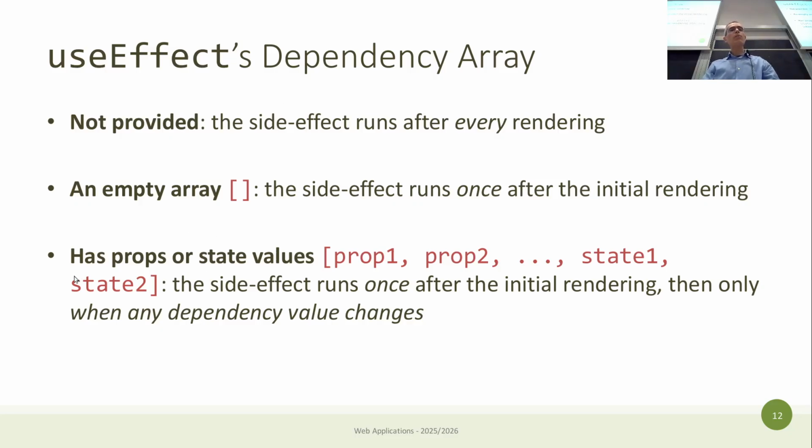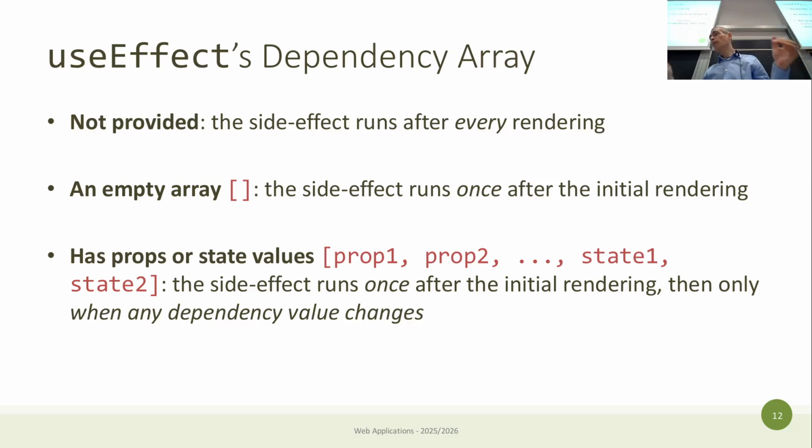And then the third and more complex case has a list of props or state values, and the side effect runs once after initial rendering, as always happens in all three cases, plus then only when any dependency value changes. So there is a list of values. If the list of values stays the same, the callback is not called.